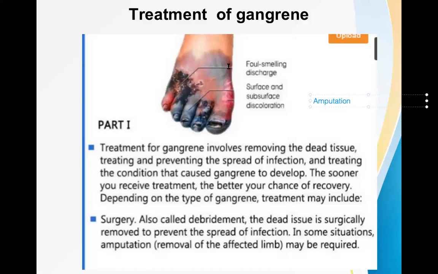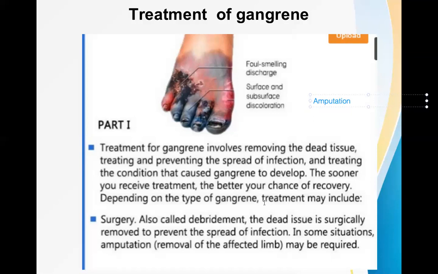Sometimes a 5 centimeter distance is marked, and they will cut there so that area is amputated. So this is called amputation, one of the very important treatments when a gangrenous change has already happened.